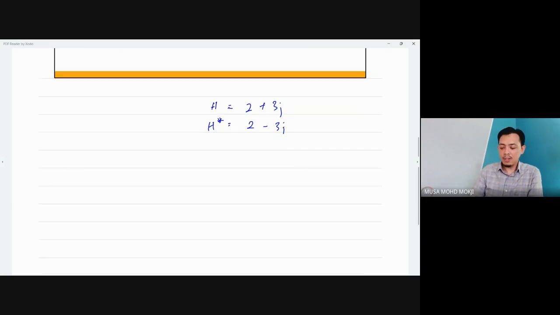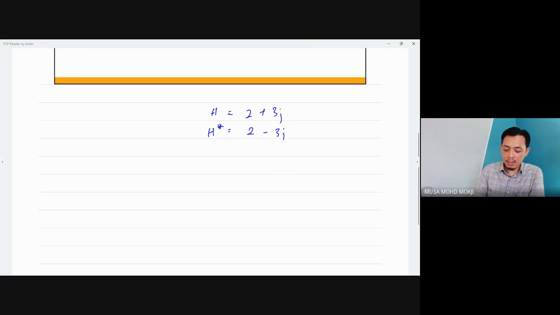So then, if you do this, what is the energy? Energy is just H multiplied with H conjugate. Okay, then just multiply these two: 2 plus 3j, multiplied by 2 minus 3j.